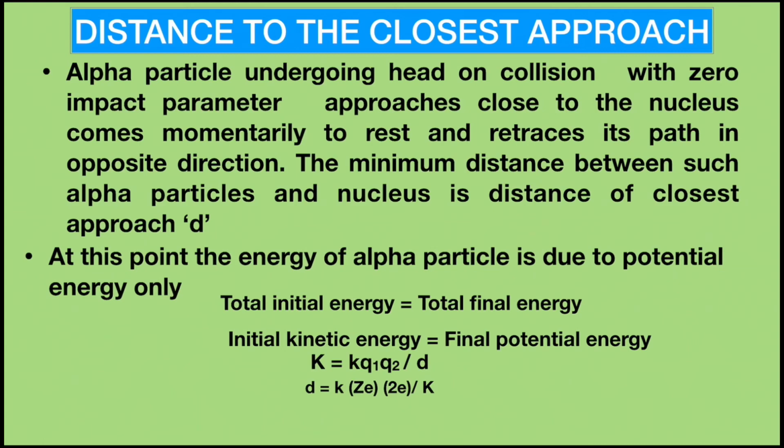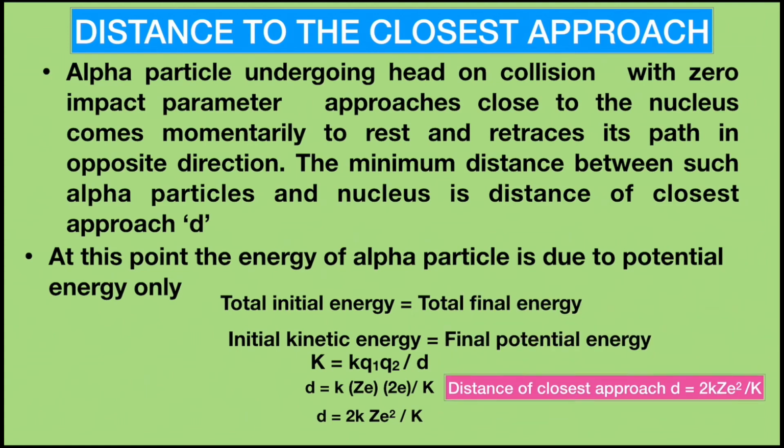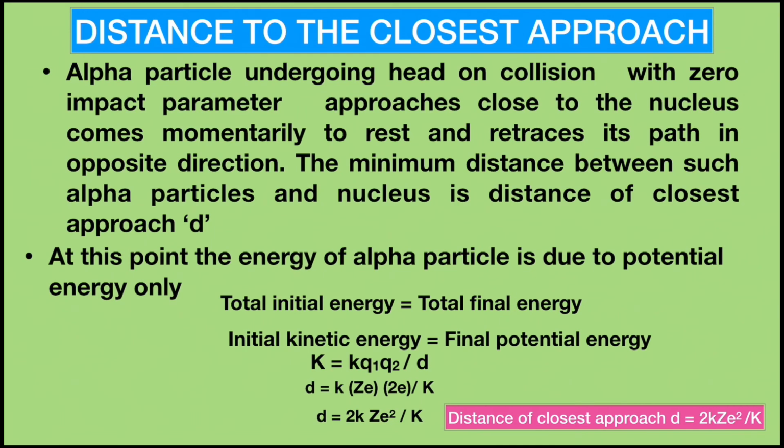Here Ze is the charge of the nucleus and 2e is the charge of the alpha particle. So, d = 2kZe²/K. This is the formula for distance of closest approach, and it is given by d = 2kZe²/K. Capital K is kinetic energy. Here Z is the atomic number of gold, because in the experiment we have taken gold foil.